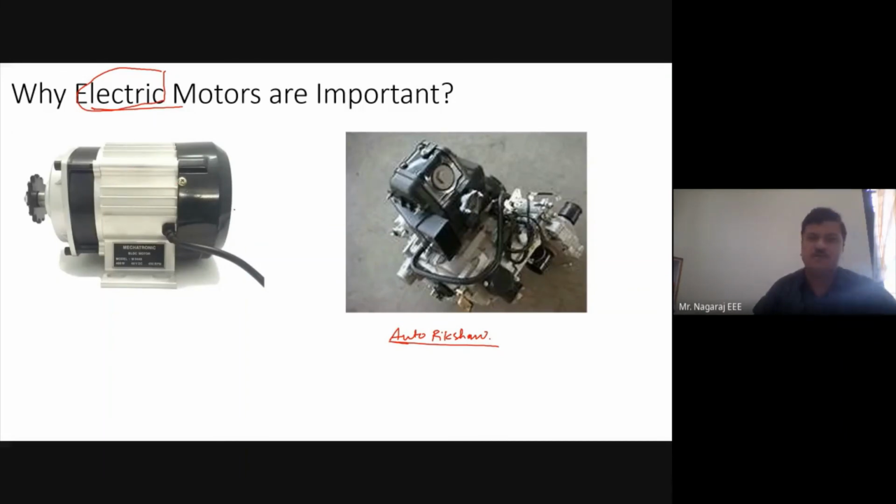That is the biggest advantage, and it is a clean output. There are no exhaust gases which will pollute the environment. That is another important factor. So there are other aspects why electric motors are more important than any other device giving rotational output.